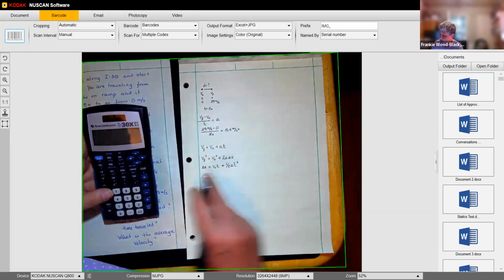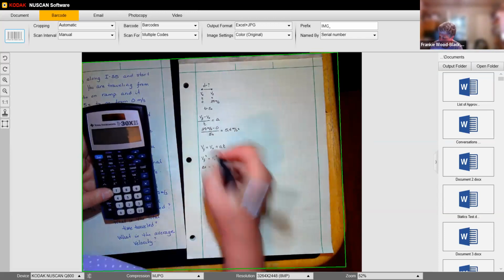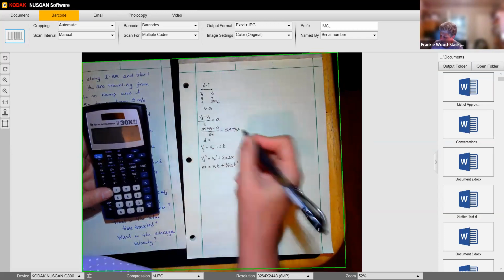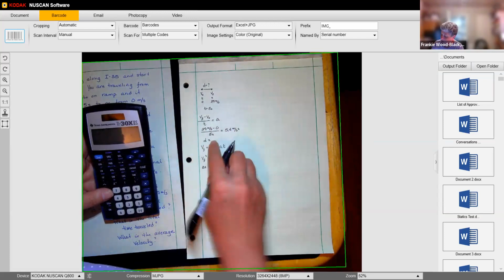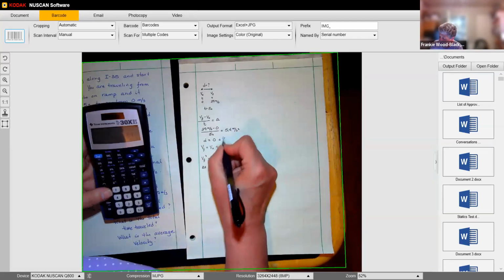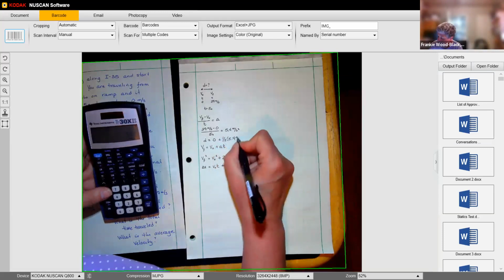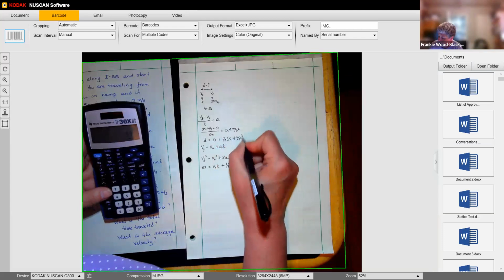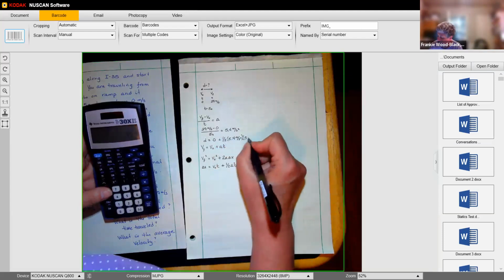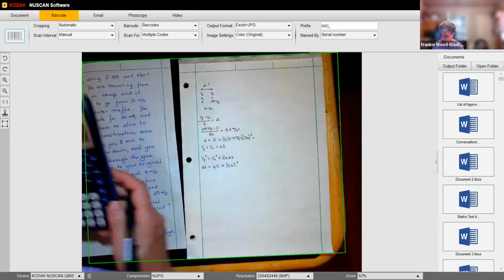And now I want distance. So I'm going to use this equation here for my distance. So distance is going to equal my initial velocity is 0, so that part is 0, plus 1/2 times 5.4 meters per second squared times my time of 5 seconds squared. That gives me meters, so I'm in good shape.